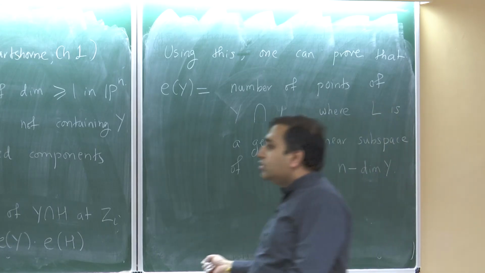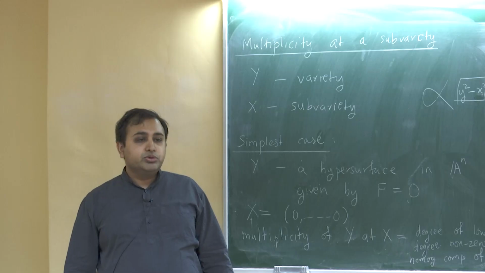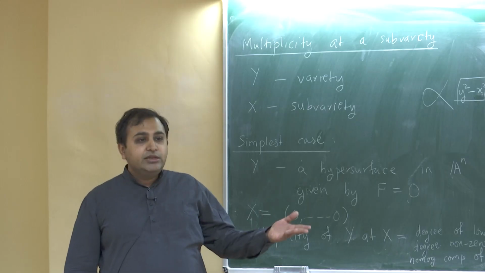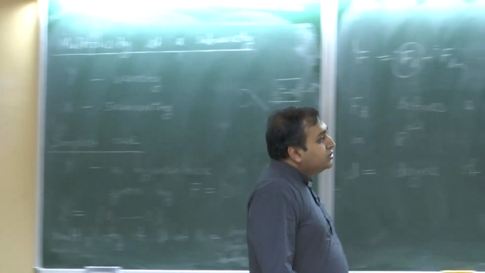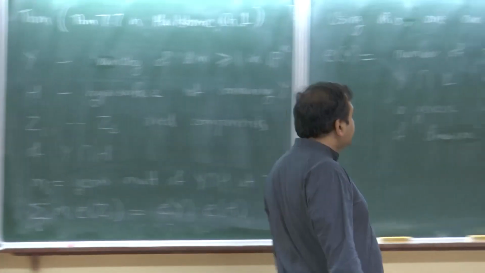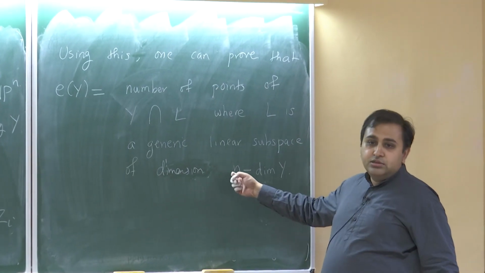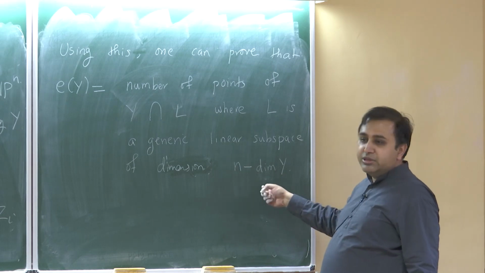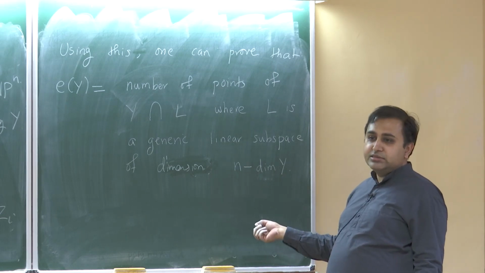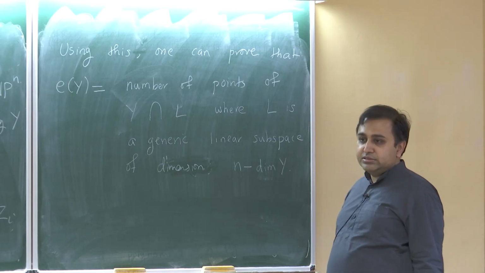Now that you have learned all this fancy stuff, what would you write over here? You are intersecting with a linear space of a certain dimension. Let's say that the dimension of y is r. So an n minus r dimensional linear space can be written as the intersection of r hyperplanes.